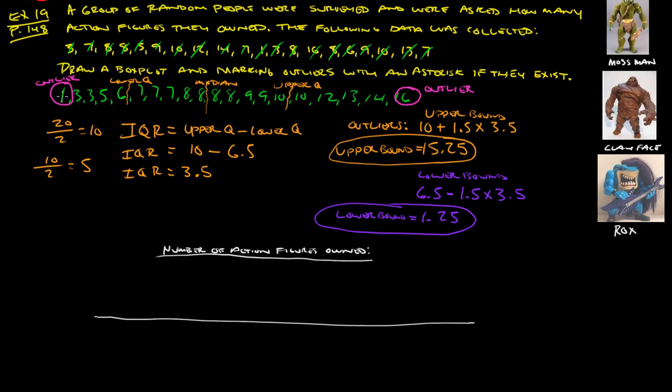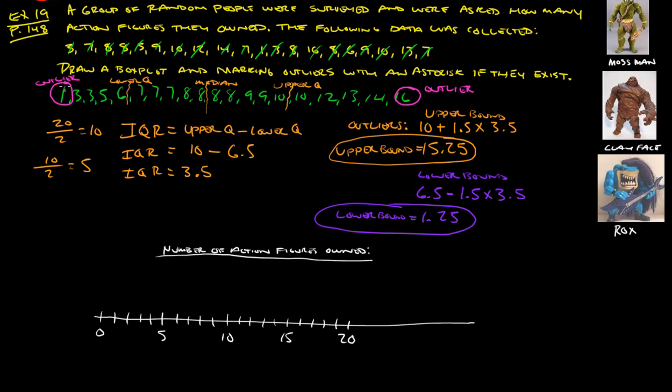And we obviously need to make sure that that scale goes all the way down to 1 and all the way up to 16. So I'm going to start it down here at, say, 0. 1, 2, 3, 4. Let's just go every 5. Okay, so there's our scale, and then here's our title, and now we can make our box and whisker plot.